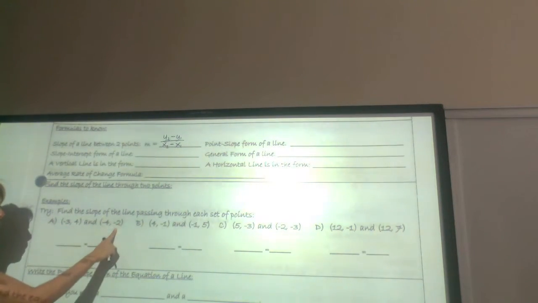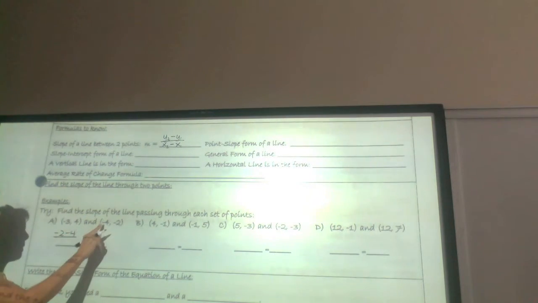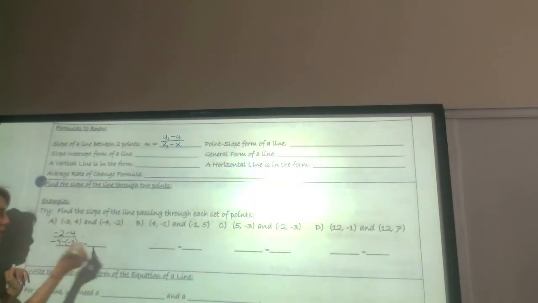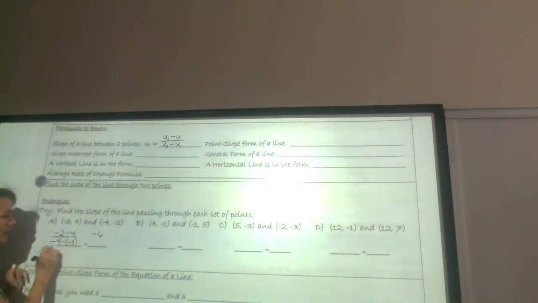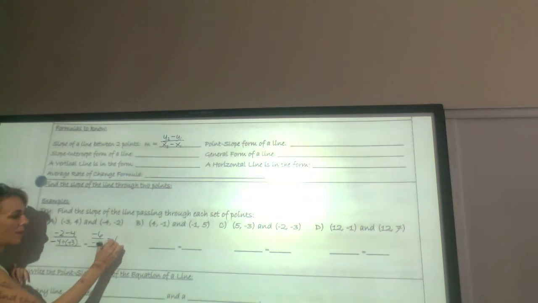So I take y2 minus y1, -2 minus 4, and I divide that by x2 minus x1, -4 minus -3. Okay, so I'm going to simplify this a little bit. -2 minus 4 is -6, -4 minus -3 becomes plus, so over -1, and so we end up with a slope of +6.